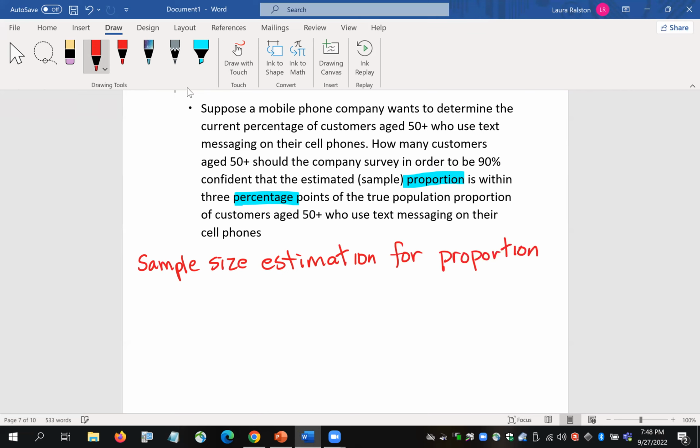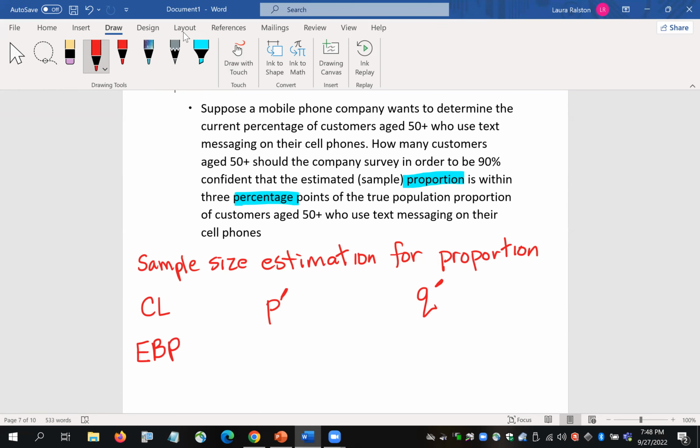Well, to do that, I kind of need the same 3 pieces of information that I had before. I need my confidence level. I need either P prime, which is my sample point estimate. I need Q prime, and I need the error bound for the proportion.